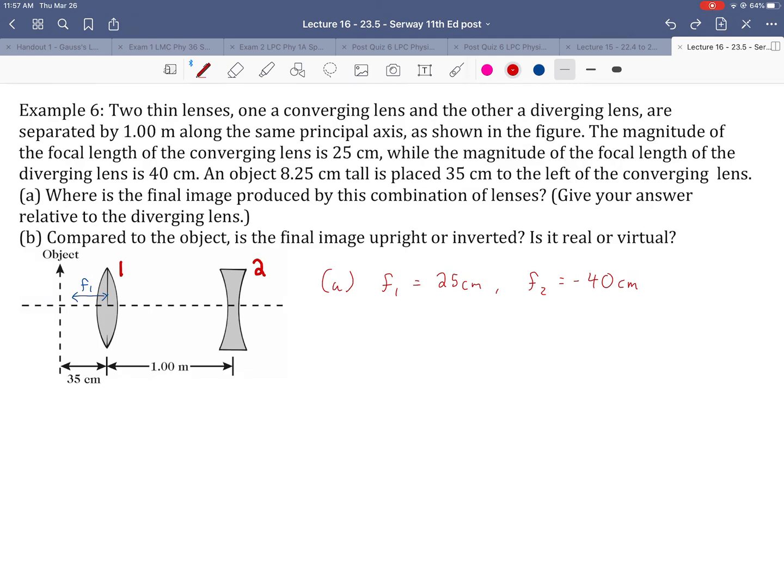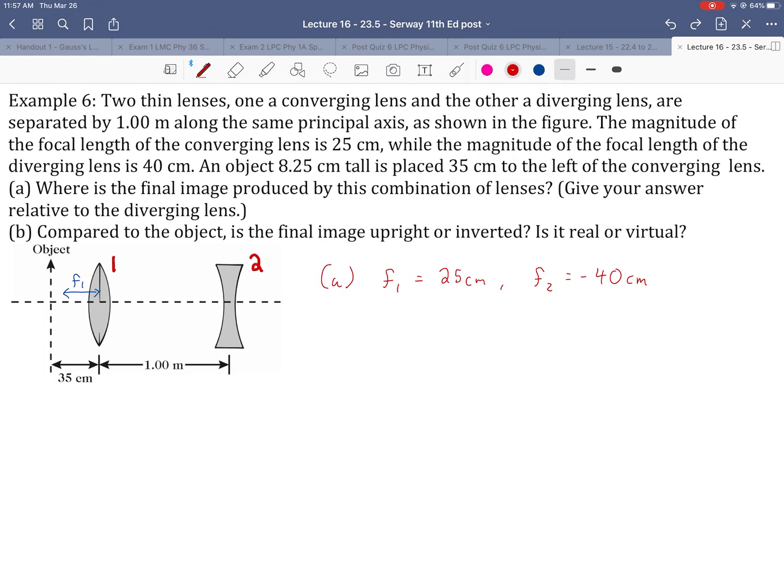Let's find the location of what I will call S prime 1. Thus, the image created by lens 1: 1 over S prime equals 1 over f minus 1 over S, with a slight modification.